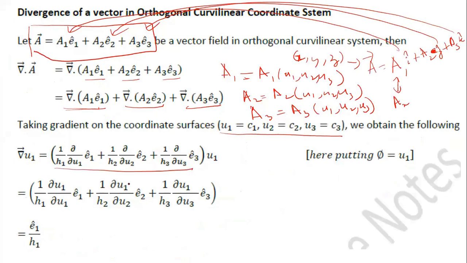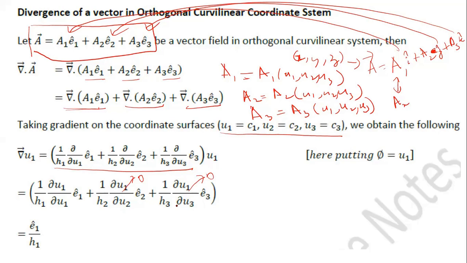This quantity is 0 because U1 and U2 are independent. The partial differentiation of U1, the coordinate variable along the U1 coordinate lines, with respect to the coordinate variable along your U3 coordinate line will be 0, because U1, U2, and U3 are coordinate variables. They are independent of each other. The partial derivative with respect to each other will be 0. U1 will be constant with respect to U2 and constant with respect to U3. That's what I mean.